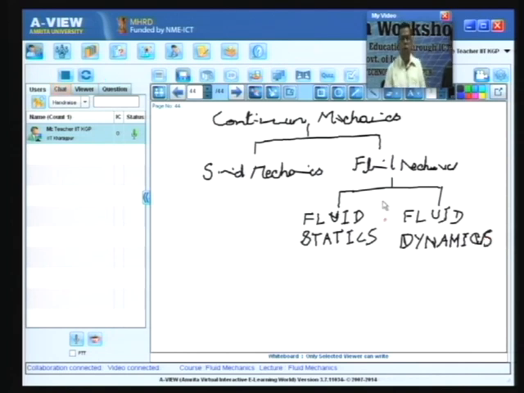So, just as mechanics can be studied separately under the head of statics and dynamics, we can study fluid statics and fluid dynamics. Today we will start with fluid statics, and you will find that many of the concepts of fluid statics will be required for your study of fluid dynamics.